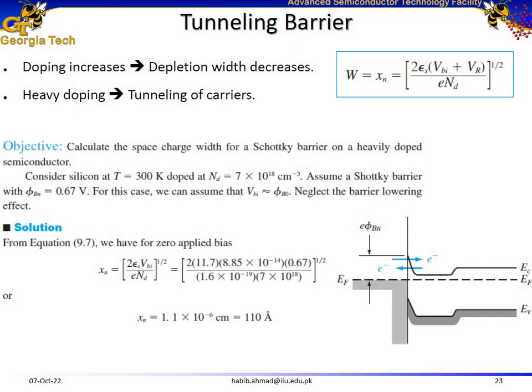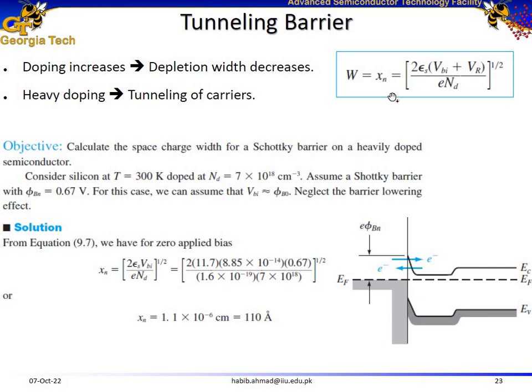If it is below 5×10^17 per centimeter cubed, it is lightly doped material. And here is the relationship for the depletion width, and it's inversely proportional to the doping concentration. If the doping concentration is high, the depletion width is going to be lower.